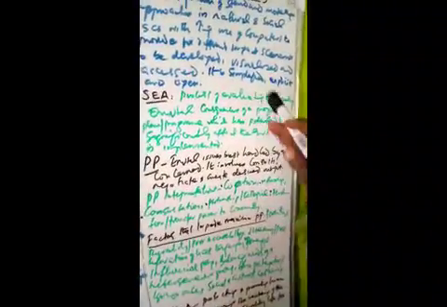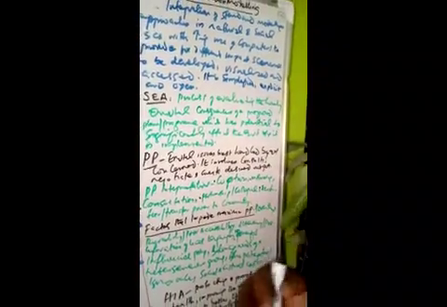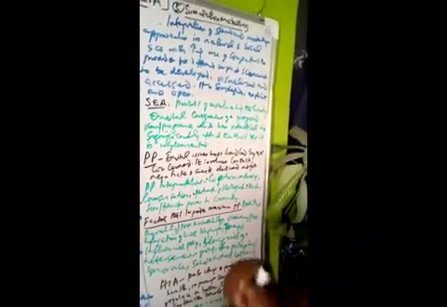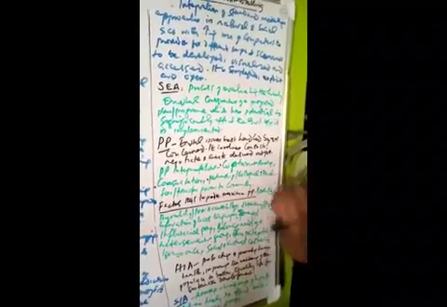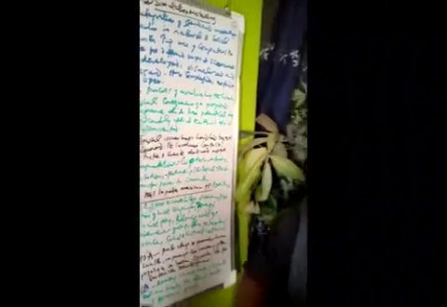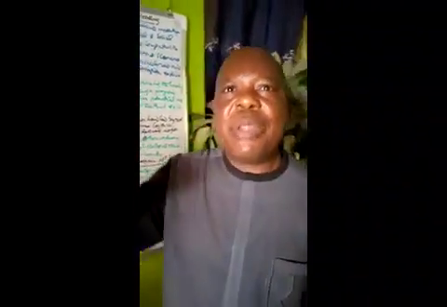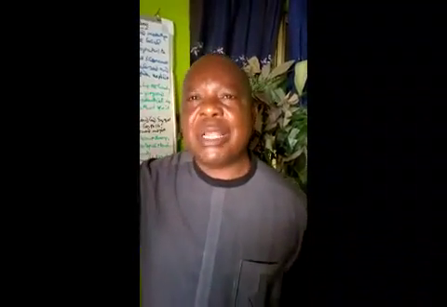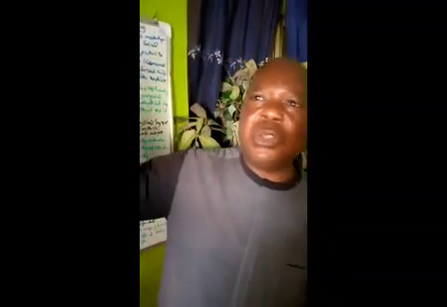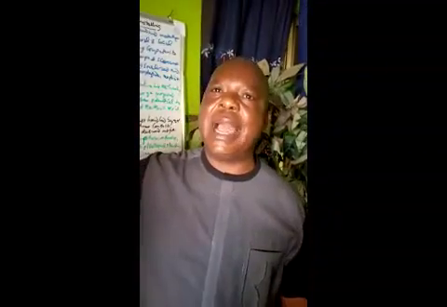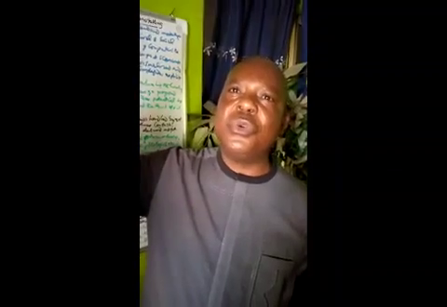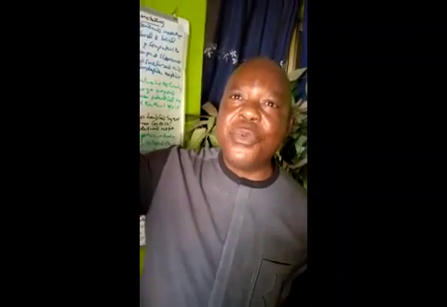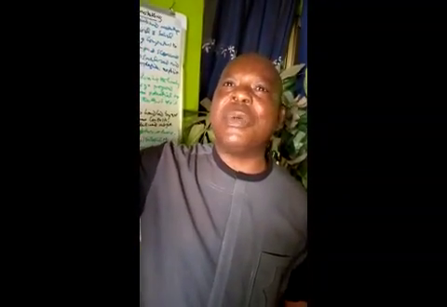SEA. This is a process of evaluating the likely environmental consequences of a proposed action, which has potential to significantly affect the environment. You have not started an action, but you are just saying the potential impact should this project be considered. Take for instance, you want to do a highway from Enugu to Abakaliki to Cameroon, from there to other West African countries.